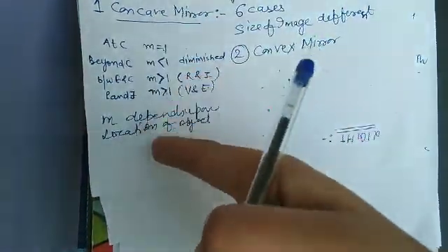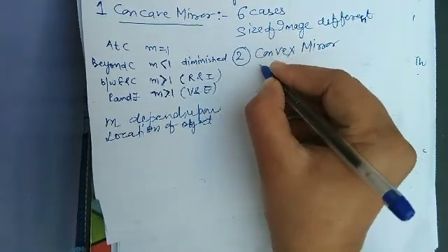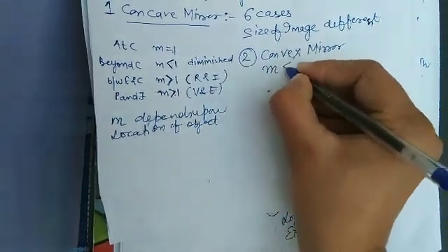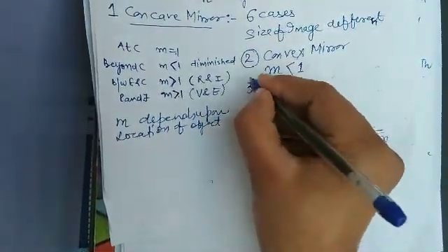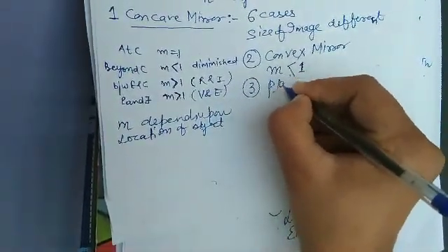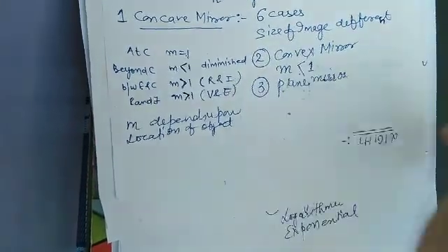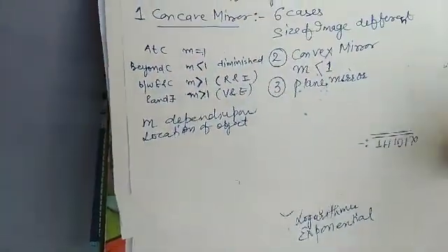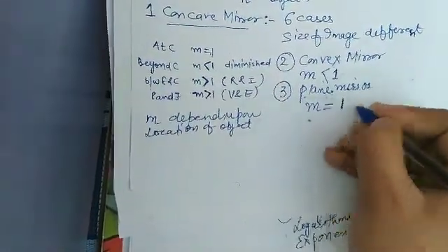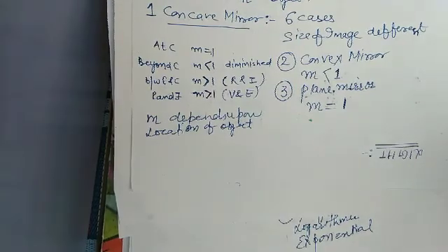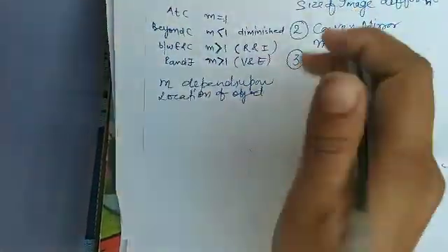You have done right now in the same video that image is always smaller than that of object. Okay, m is less than 1. And third case, plane mirror. Daily you use to view your image in plane mirror, which gives size of image equal to size of object, so magnification is equal to 1. Okay, so this was the question for magnification.